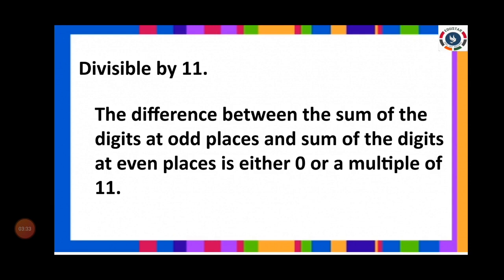I mean, we want to add the digits at odd places and even places separately. Then we subtract the two values. Finally, if we get 0 or a multiple of 11, then the number is divisible by 11. Okay. Now we are going to check through an example.